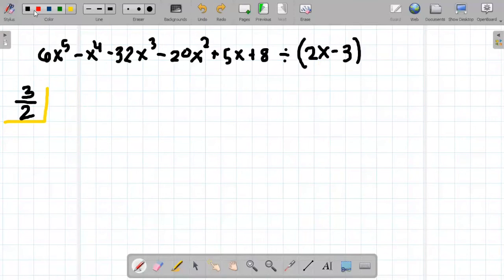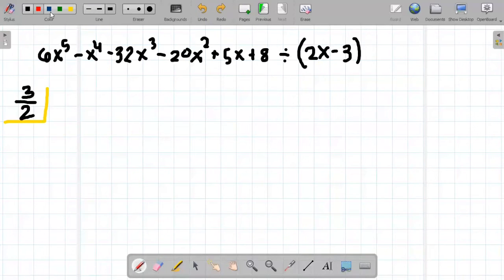Then, for the rest, make sure you arrange your exponents: 5, 4, 3, 2, 1, and then the constant. So, it is arranged. Now just the coefficients: 6, negative 1, negative 32, negative 20, positive 5, and then 8 for the constant.